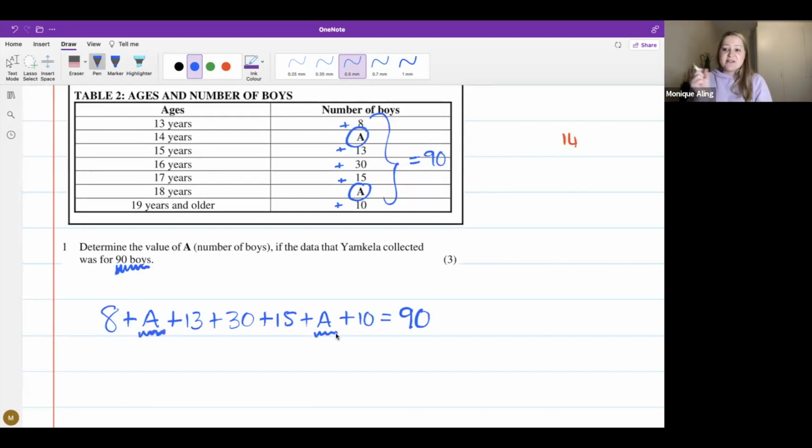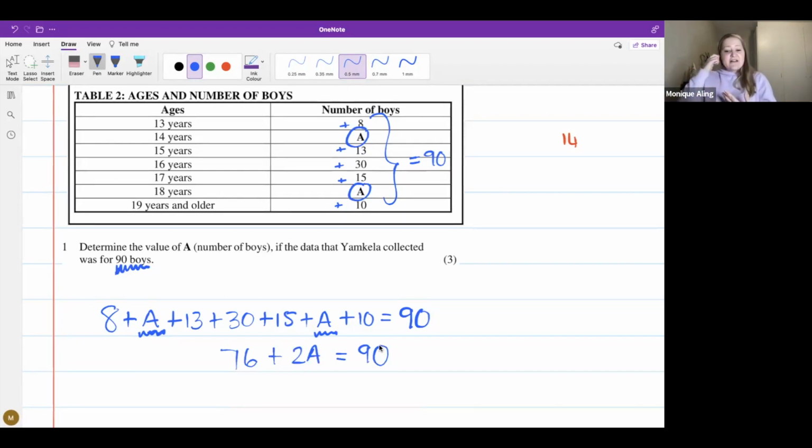So I'm going to add up all the numbers: 8 plus 13 plus 30 plus 15 plus 10. When I add up the numbers, I get 76, and I have two A's left over.